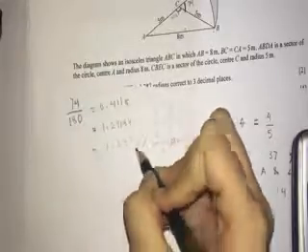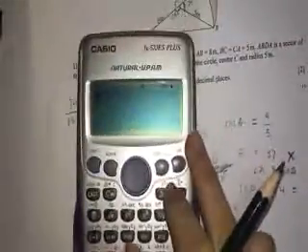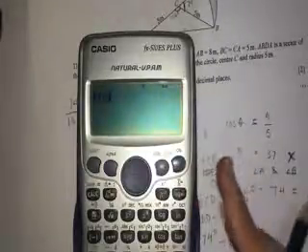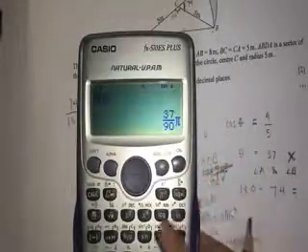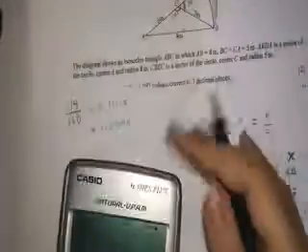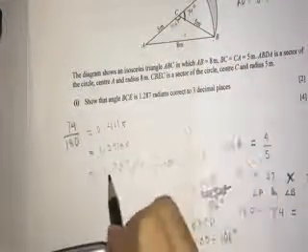So we've got our answer. We've proved it to them that our answer matches with their answer to 3 decimal places.